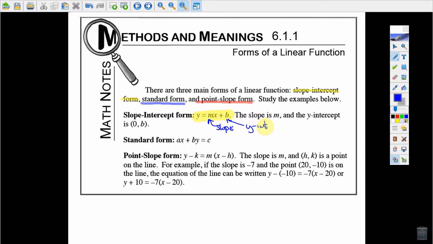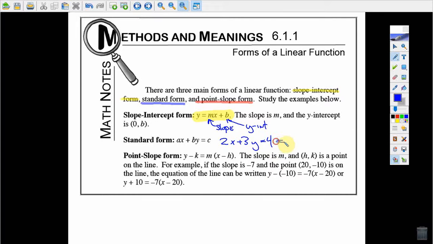The next one is standard form, which takes the form of ax plus by equals c. So an example of that would be something like 2x plus 3y equals 4. That would be the standard form of a linear equation. We have whole number coefficients in front of the x and y, and it's equal to a constant c.